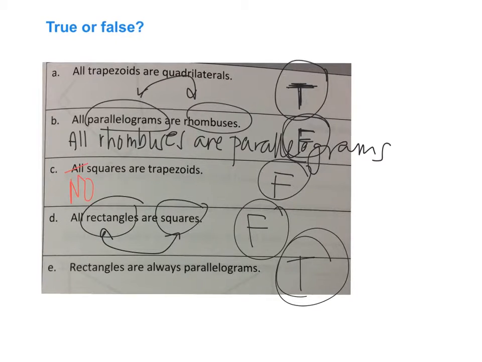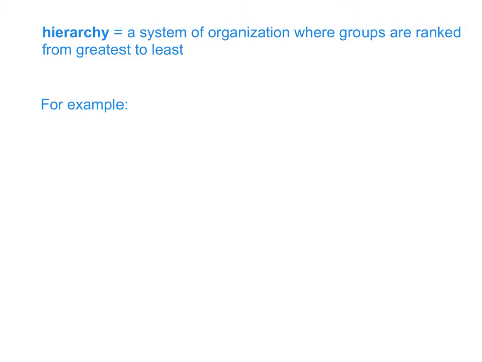Very good. A hierarchy is a system of organization where groups are ranked from greatest or broadest, another word for greatest is most broad, to least, which is more specific. For example, we have a hierarchy system here at Stockholmeyer.